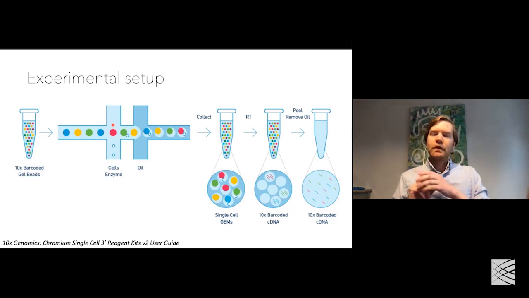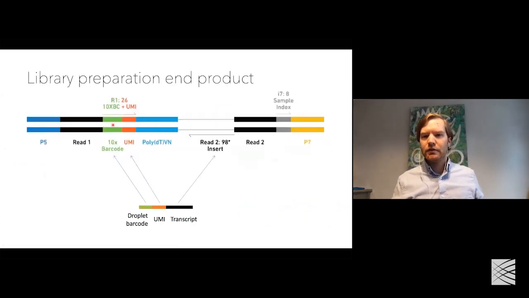So you lyse the cell open within the droplet, all of the mRNAs spill out into the droplet, and the polyadenylated tails of the mRNAs hybridize to the poly-T capture piece of those barcoded DNAs. And then in the process of making a cDNA, you make a full-length transcript that has barcode, UMI, and transcript. I hope that answers the question.